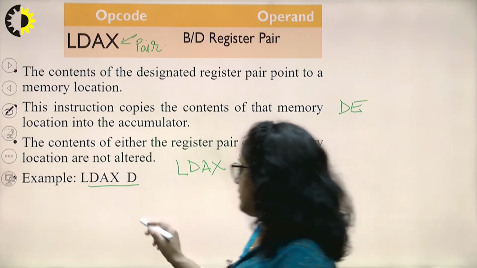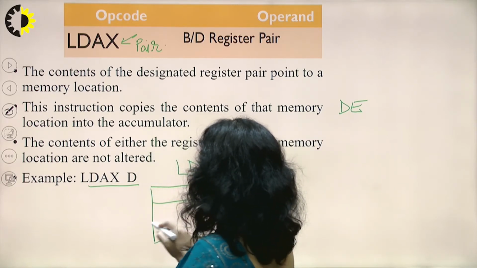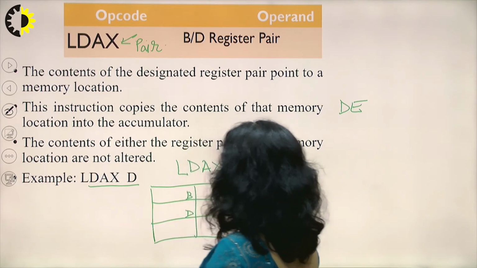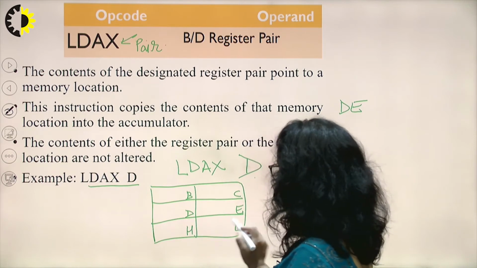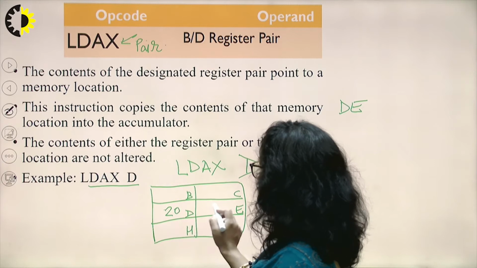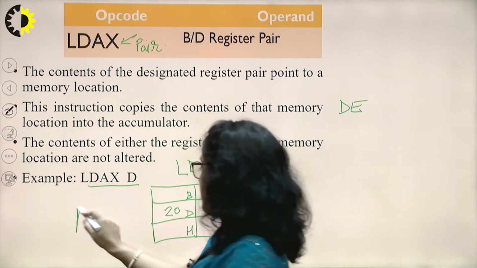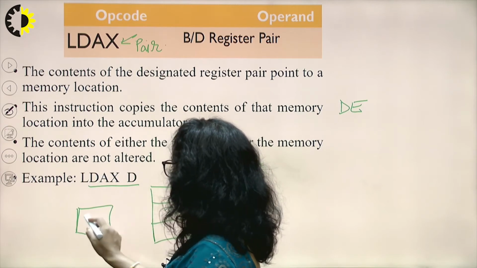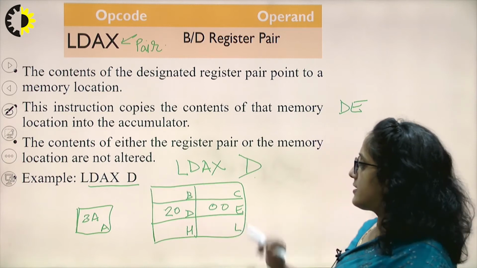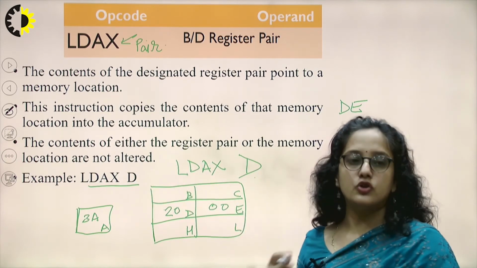I will write the example so you can understand. For example, these are B, C, D, E, H and L. Suppose DE is having the location 2000, and the accumulator is having the value 3A. This is a 1-byte instruction, so only the opcode will be there.